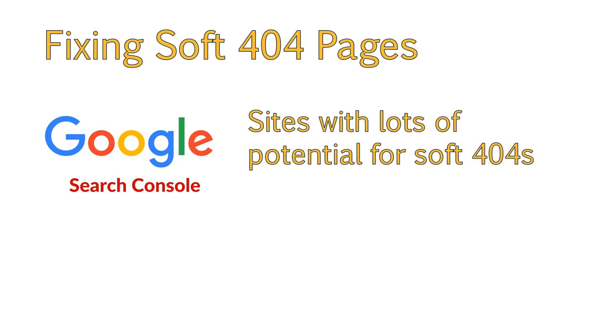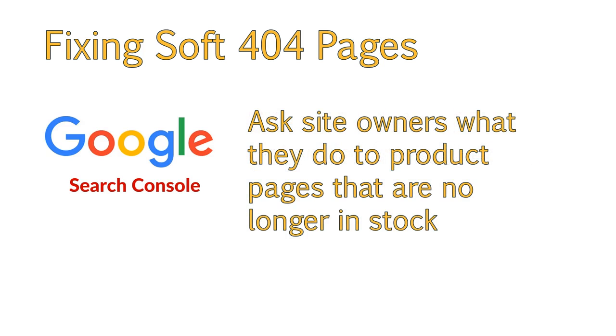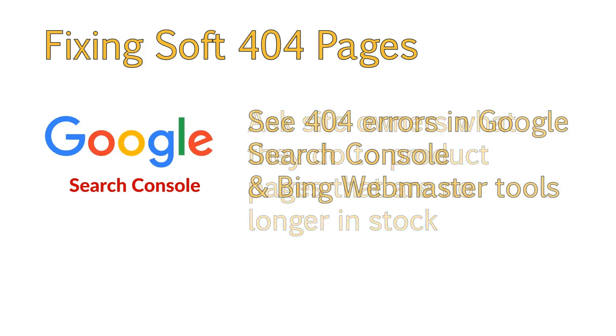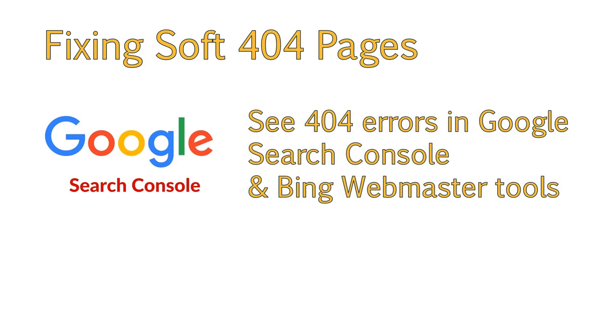If you're working on a site that has a lot of potential for soft 404s, such as real estate or e-commerce sites, it's a good idea to ask the site owners what they do to pages such as products that are no longer in stock. You can also view a list of pages that are returning 404 error codes in Google Search Console and Bing Webmaster Tools.